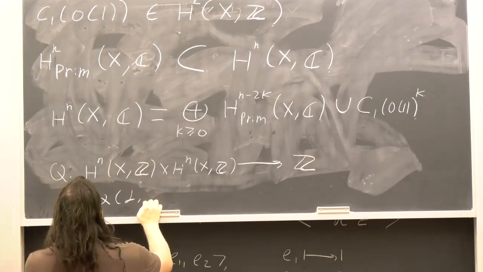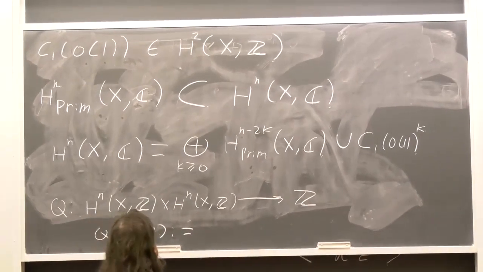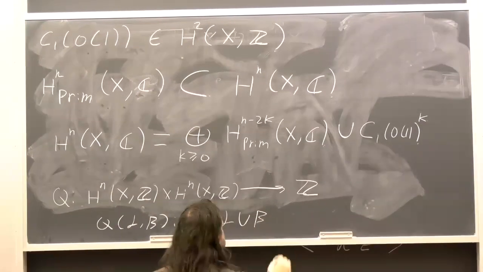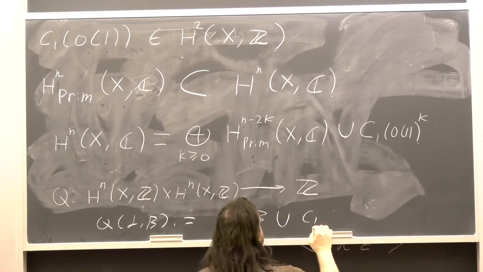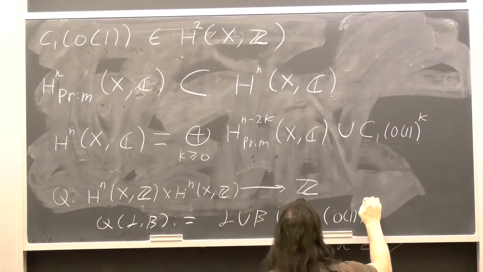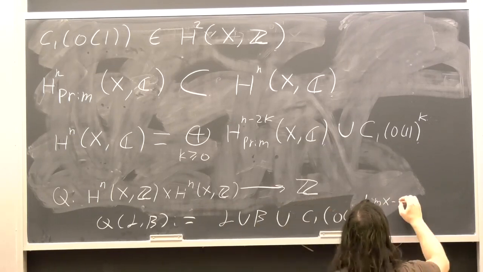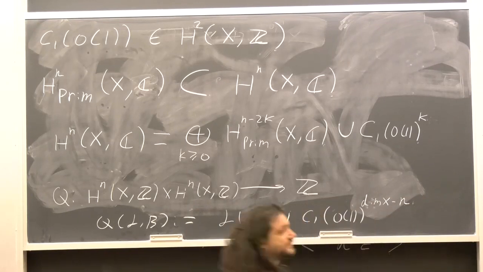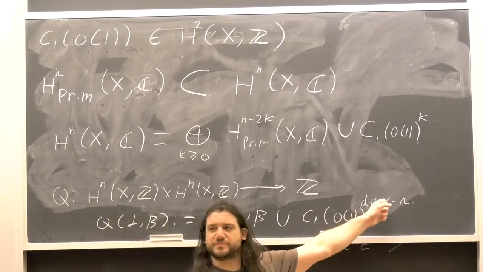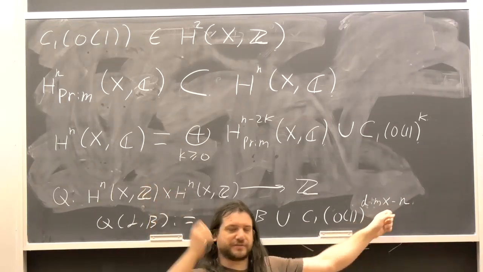If I take Q of alpha, beta, I'm going to define it to be alpha cup beta. And then I'm going to further cup with C1 of O(1) to the dimension X minus n.